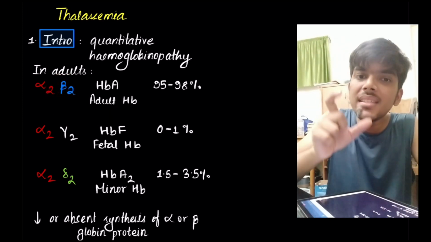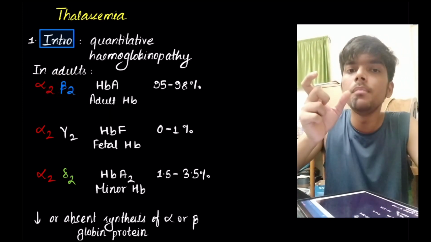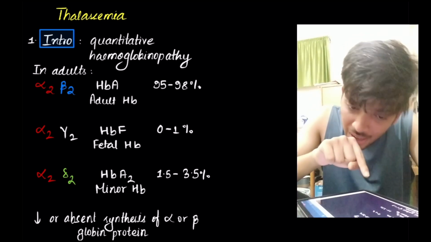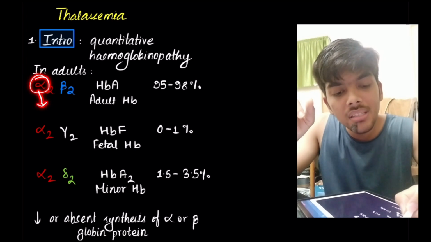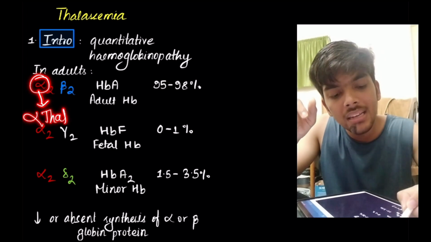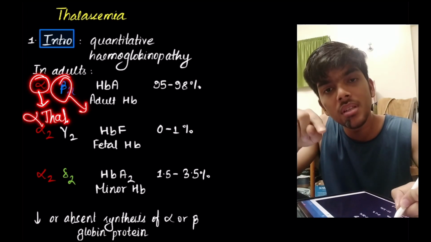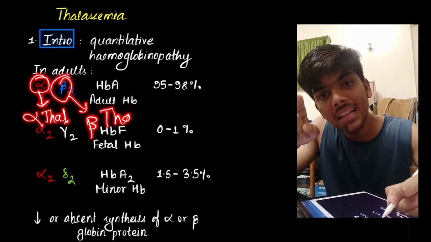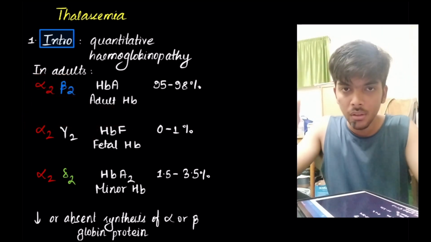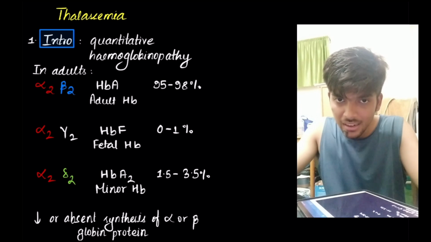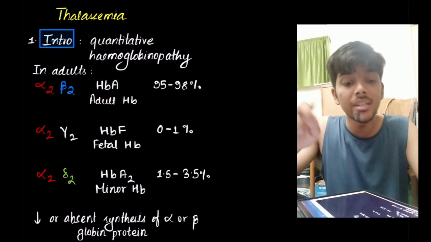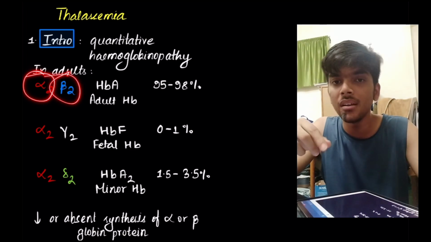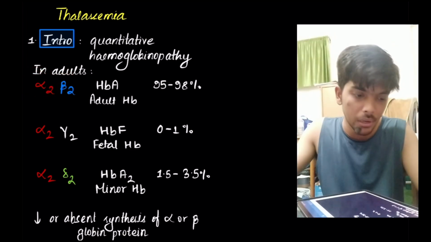Depending on which chain of hemoglobin is affected, thalassemia is of 2 types. If alpha chain production is affected, we call it alpha thalassemia. If beta chain production is affected, we call it beta thalassemia. So overall, the gist is that there is reduced synthesis of adult hemoglobin due to reduced or absent synthesis of the alpha chain or beta chain of the globin part of the hemoglobin.